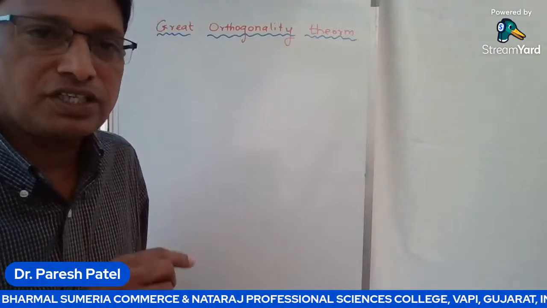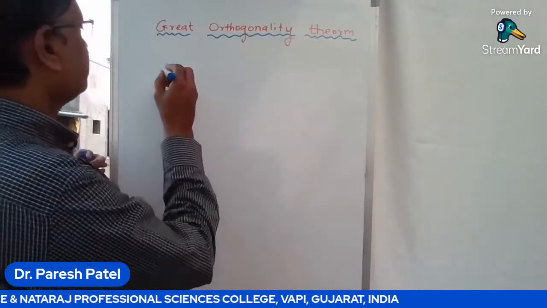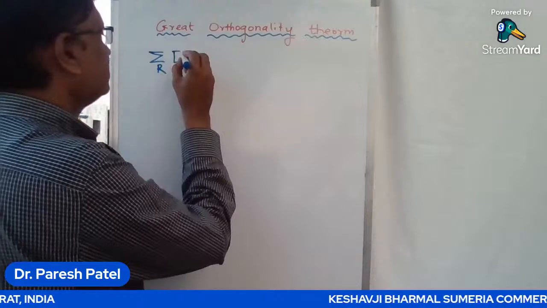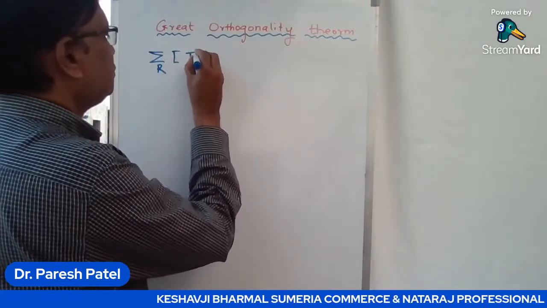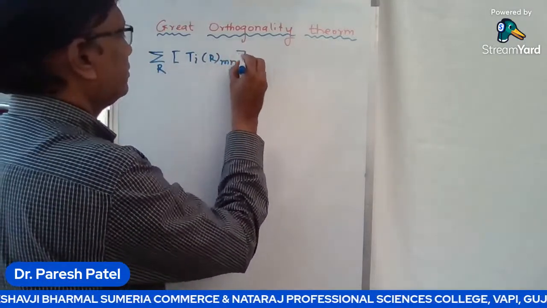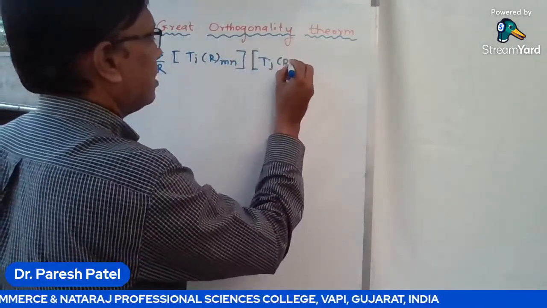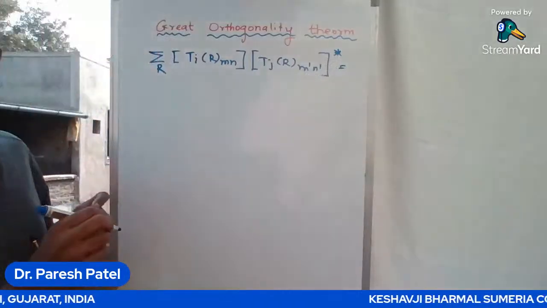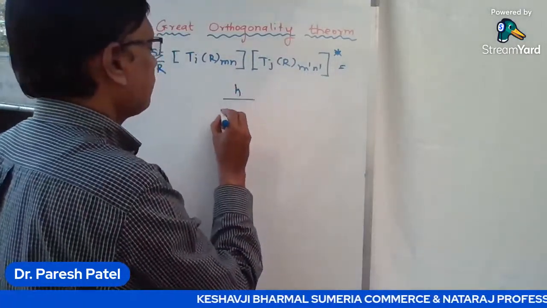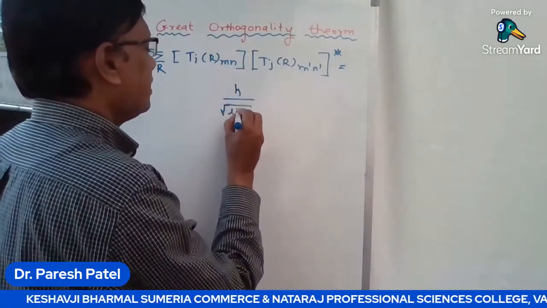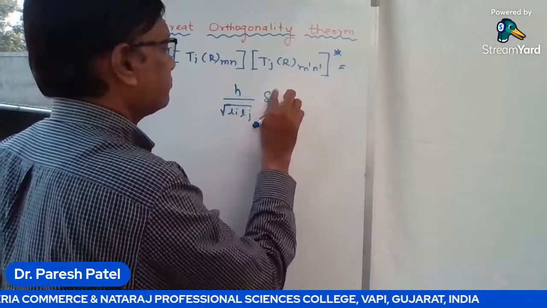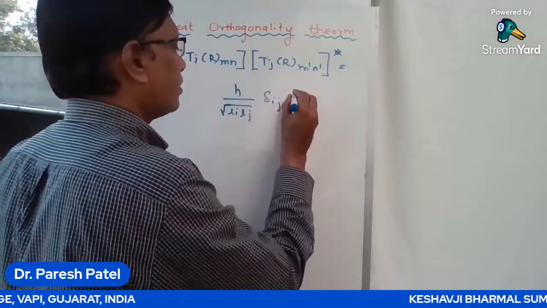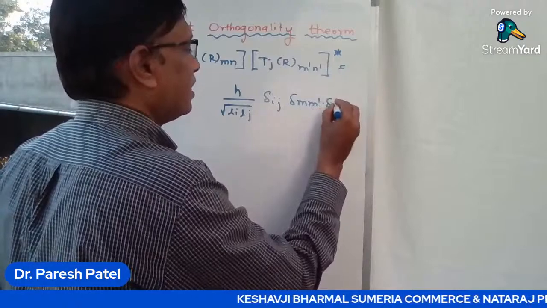Now, the mathematical statement of the great orthogonality theorem is: summation over R of Γi(R)mn times Γj(R)m'n' complex conjugate (asterisk) is equal to h divided by the square root of li lj, times delta ij, delta mm', and delta nn'.